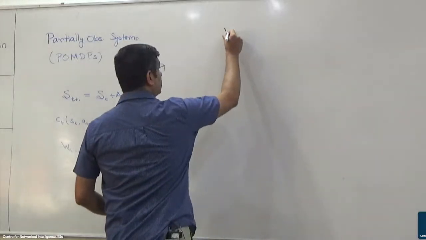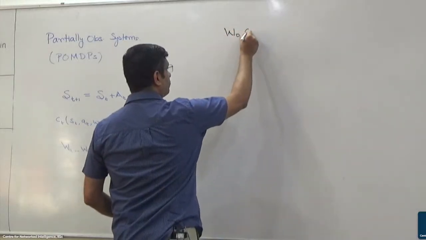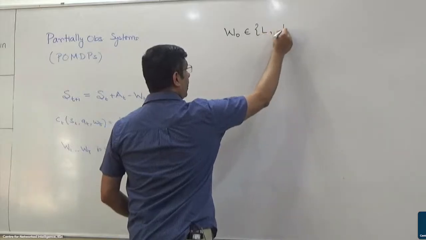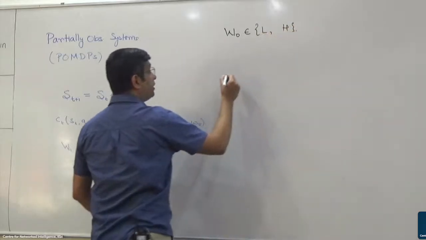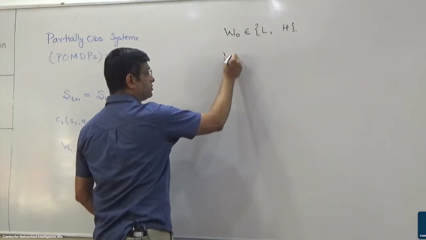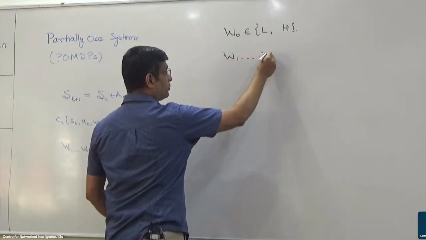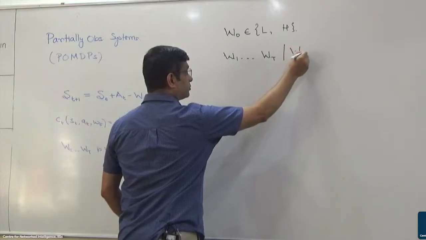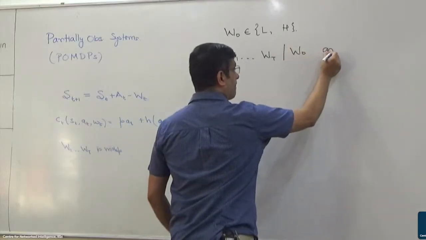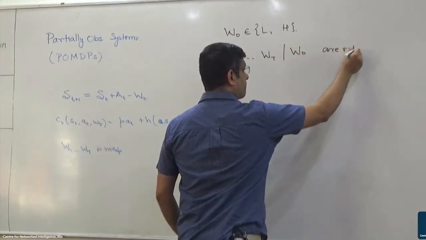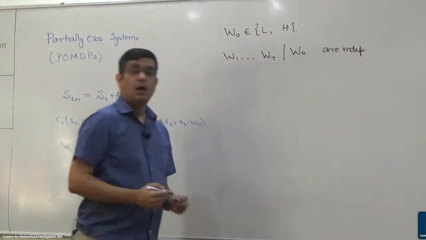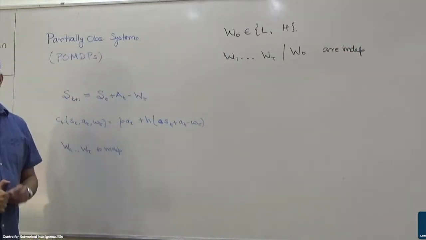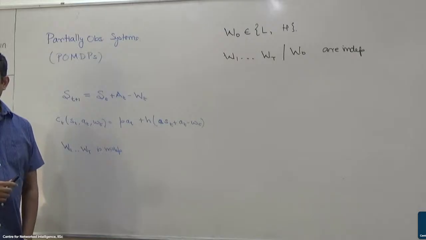So let's say W0 is a random variable, low and high, and my assumption is going to be W1 to Wt are independent, conditioned on W0. But W0 is not observed by the decision maker.